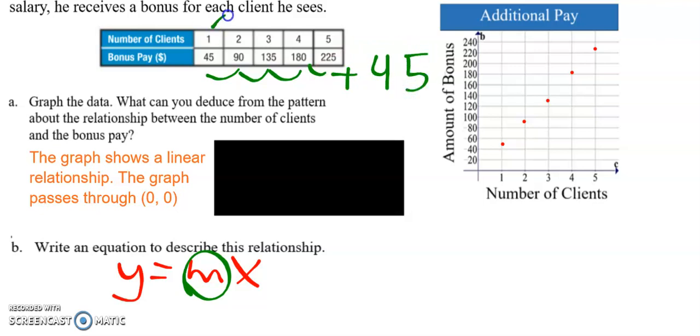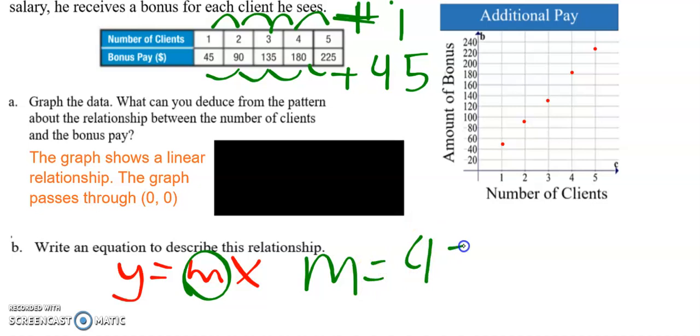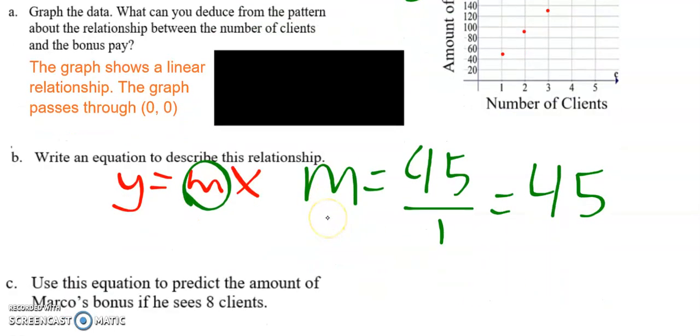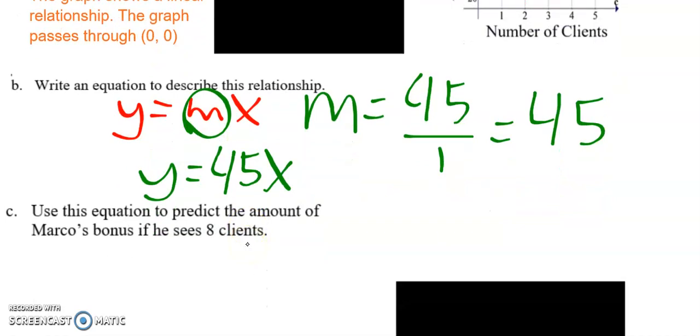And for the number of clients, we are just adding 1 each time. So that means my slope would be 45 over 1, which equals 45. So that's my m. So the equation would be y equals 45x. That's the equation. Okay, got that part done?